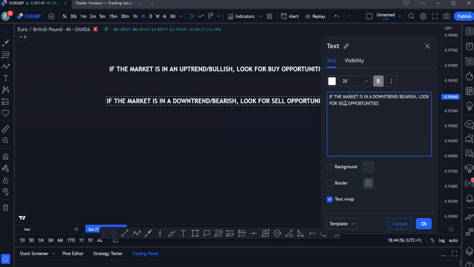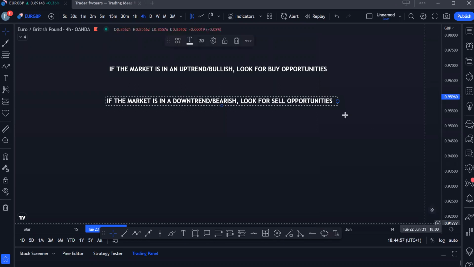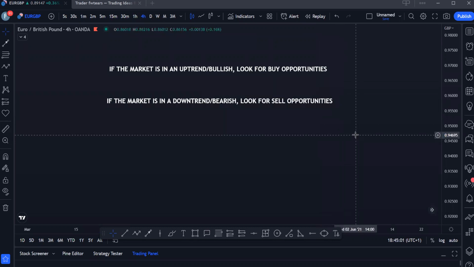Sell opportunities. So in an uptrend, you look for buy opportunities. In a downtrend, you look for sell opportunities, which begs the question: at what point do you buy in an uptrend, and at what point do you sell in a downtrend?